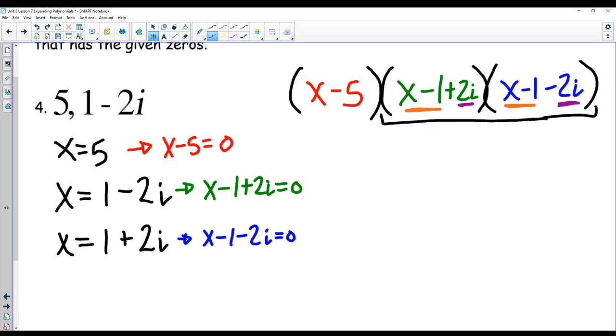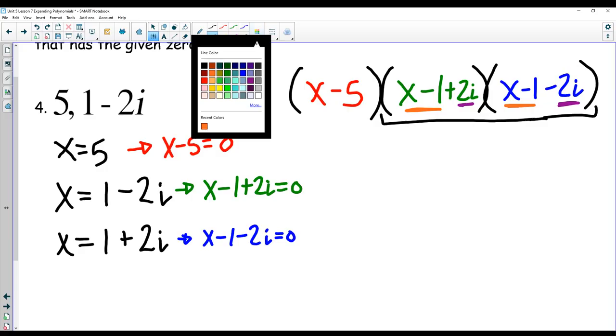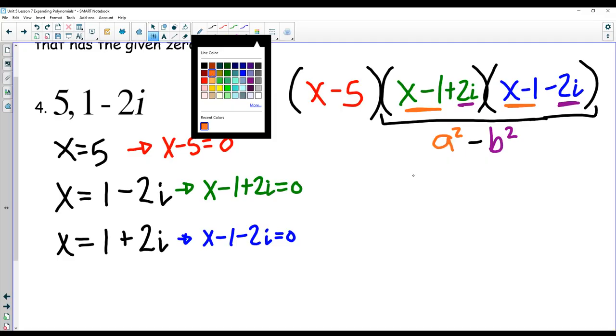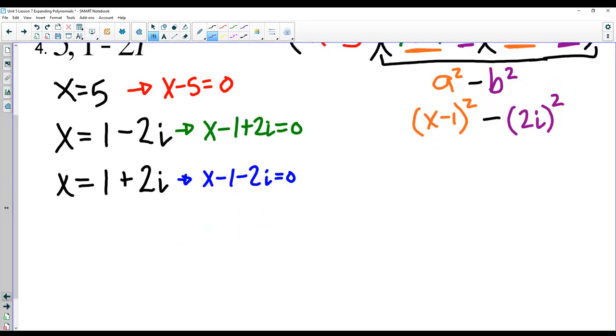And what happens is this is what we call a pattern of difference of squares. So now what we want to do is focus on just the orange and the purple. So what this is doing is this is taking out the combining like terms step that you saw in the previous one, where we saw that negative root 7x and positive root 7x canceled each other out.